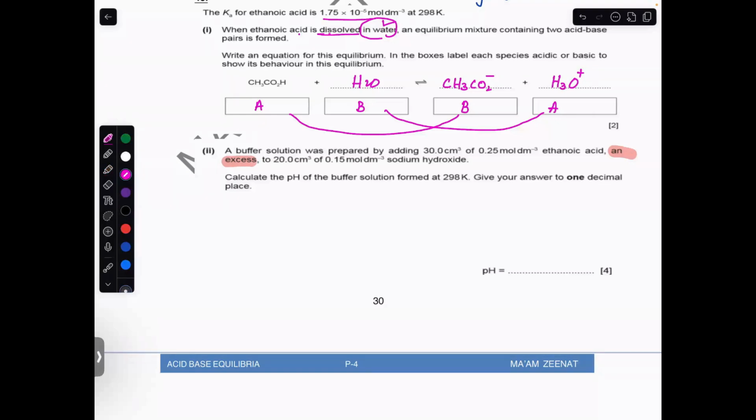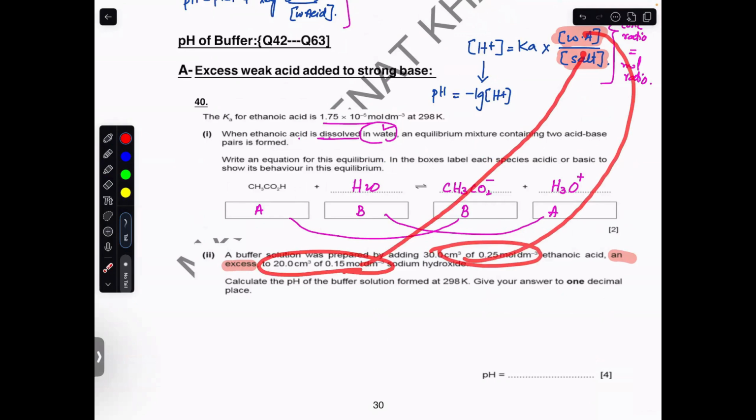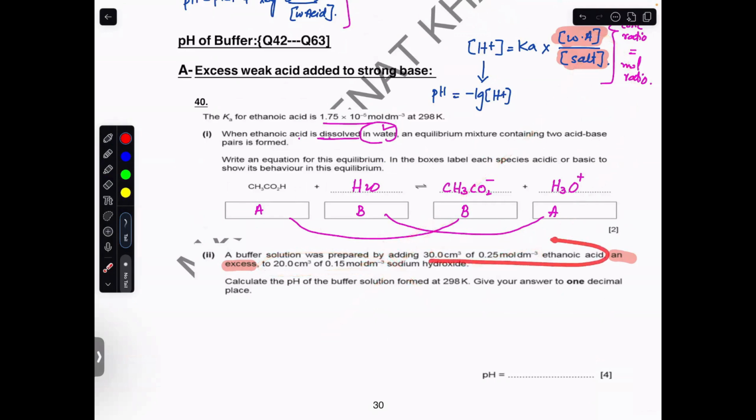So this is weak acid, agree? But is this the salt or is it a strong base? It's a strong base, not the salt. You can't put its concentration as weak acid and salt. Not at all. This is weak acid. It is in excess. Some of it reacts with this, making salt.